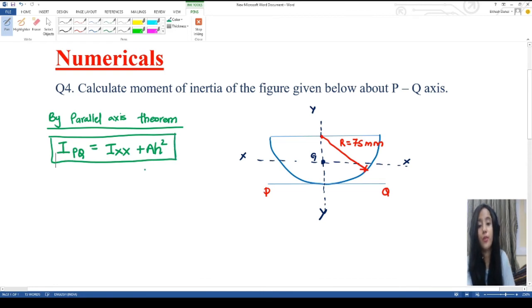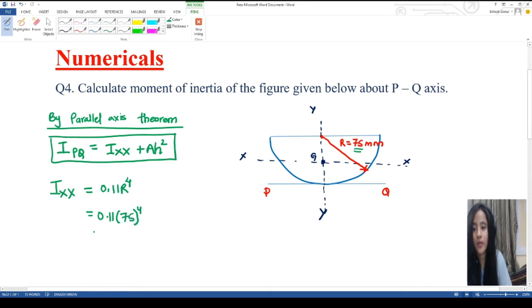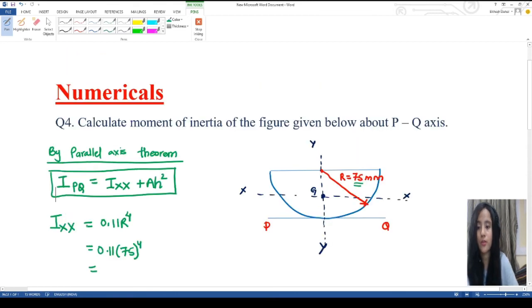Now, since this geometrical section given here is a semicircle, half of a circle, my moment of inertia about XX axis for a semicircle will be equal to 0.11 r raised to power 4. So how much is my radius given here? It is given as 75 mm here. So 0.11 into 75 raised to power 4 will be my moment of inertia about IXX axis.